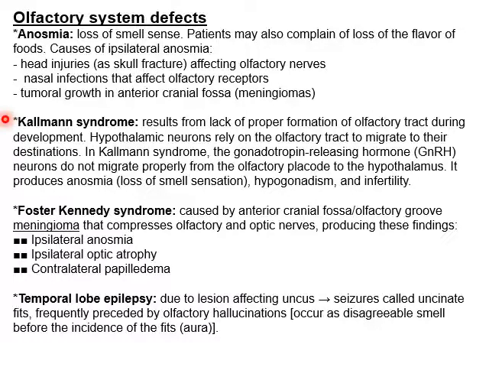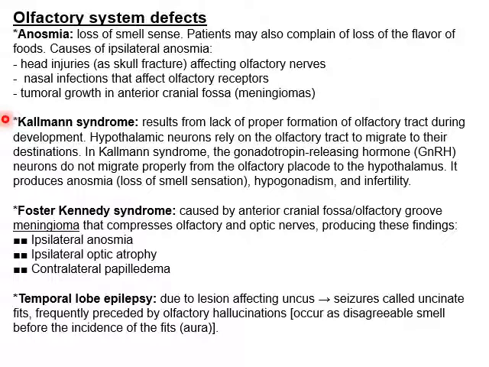The hypothalamic neurons usually rely on the olfactory tract to migrate to their destination. So in development, during the formation of the brain, the hypothalamic neurons depend on the presence of the olfactory tract so that they use it to migrate to their destination.